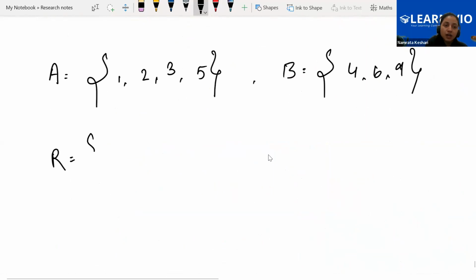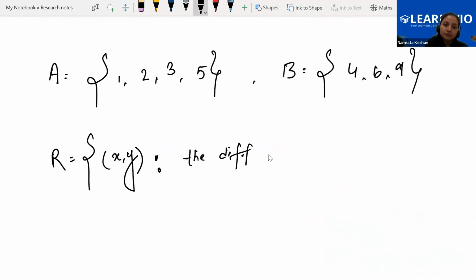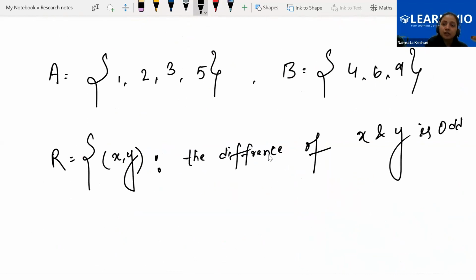R is given as the set of all ordered pairs x, y such that the difference of x and y is odd. Here it is clearly mentioned x is an element of set A and y is an element of set B. So relation between the first set and the second set, element of the first set to the element of the second set.